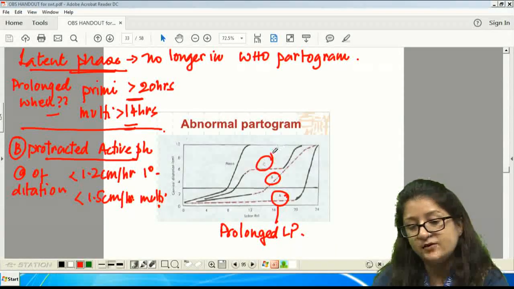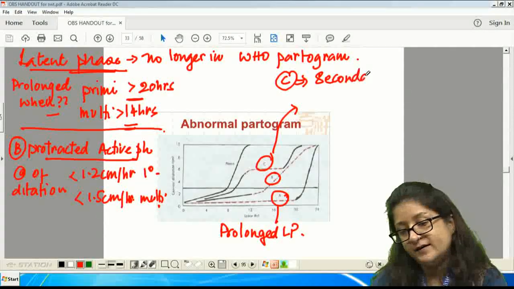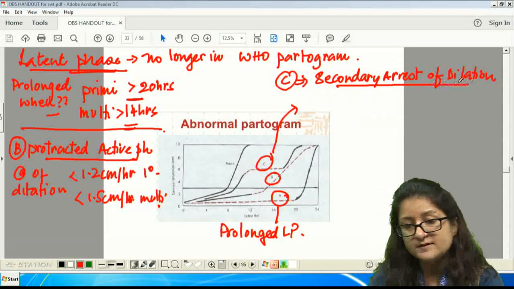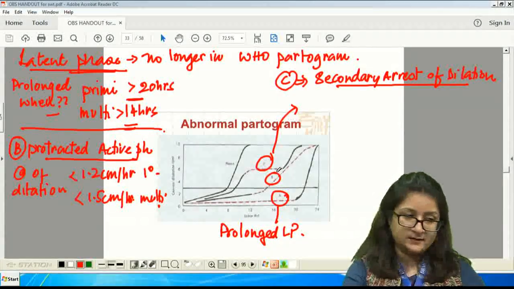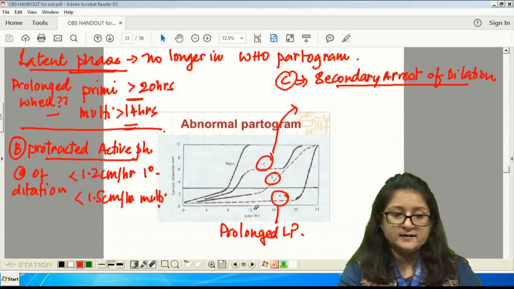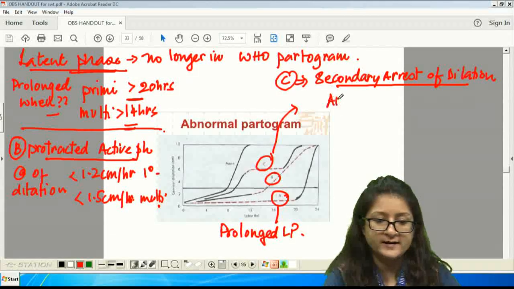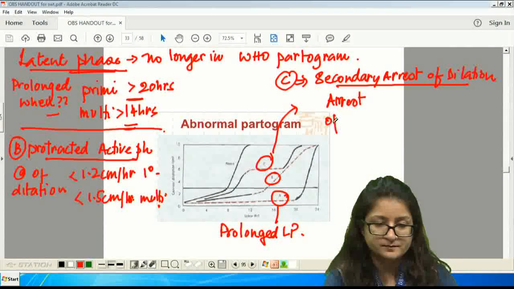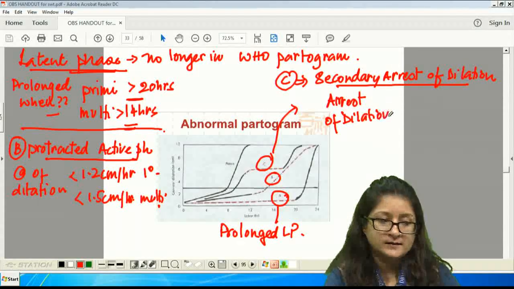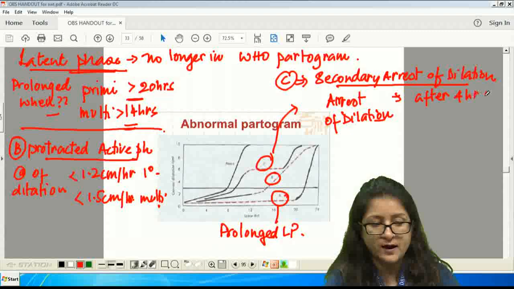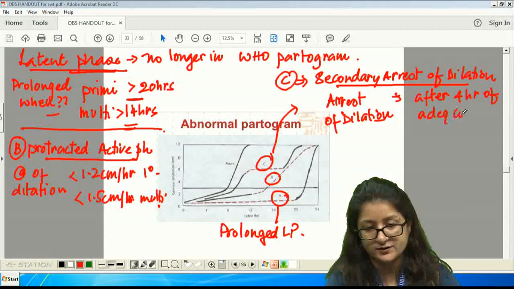And figure number C here, what is C showing? C here is showing secondary arrest of dilatation. Secondary arrest of dilatation means that the dilatation initially proceeded normally, but then there was arrest of dilatation, it got stuck. Okay, so what is the diagnosis of arrest? For arrest of dilatation, the diagnosis is made after 4 hours of adequate contractions, okay?